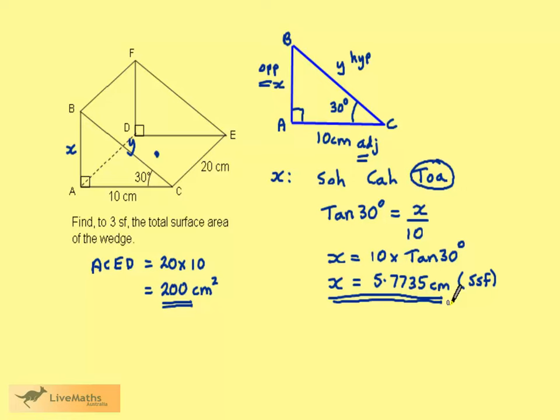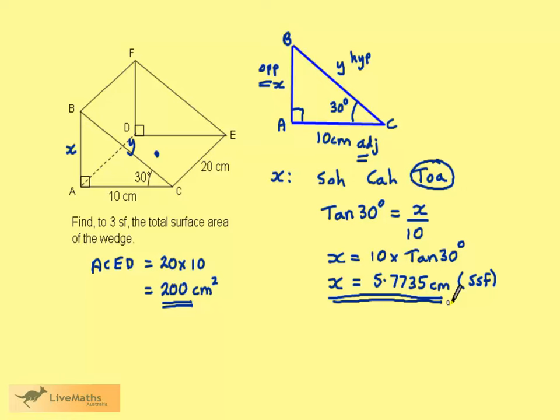Now to work out Y. So, SOH CAH TOA. For Y, we have the hypotenuse, and we know the adjacent. Note I'm using the adjacent because this was information given to me in the question, rather than using the value of x, which I've just worked out.